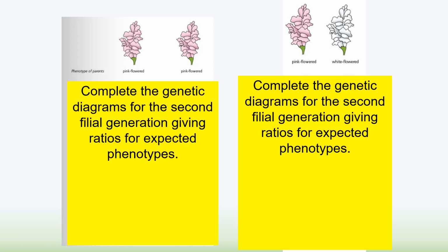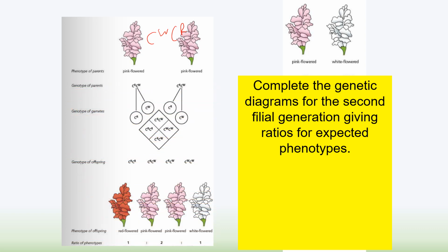So you could get different examples such as this, so you could be asked to look at the different genetic diagrams. Remember the pink flower here is CWCR, so if you bred two lots of those together, you would have this combination here: CRCW, CRCR, CWCW, CRCW, okay, and we're going to a 1 to 2 to 1 ratio here.